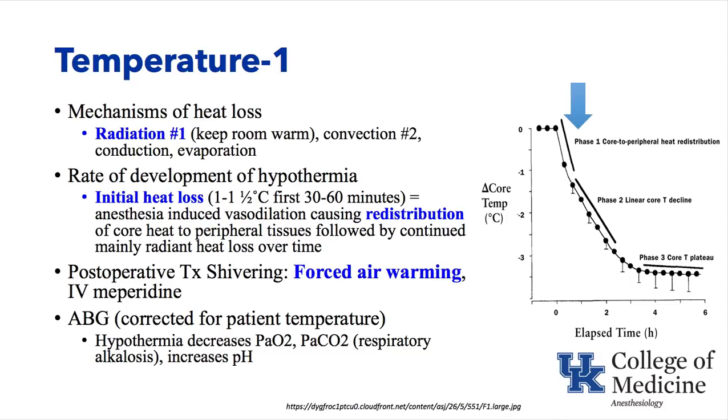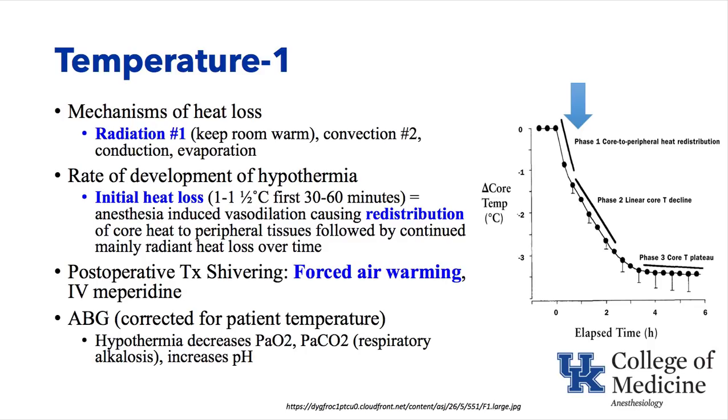Let's move on to temperature topics. Heat loss in the operating room, the number one cause is radiation. That is, radiating heat from your body to the cold walls or cold structures within the room. So keeping the room warm is really the number one way to help keep a patient warm during surgery.